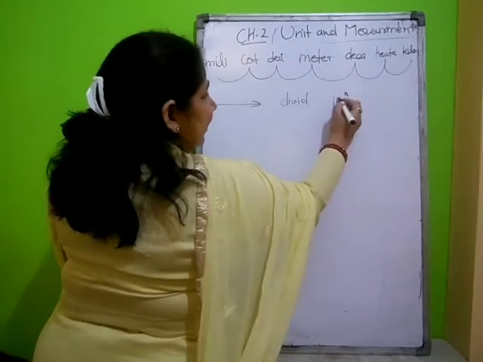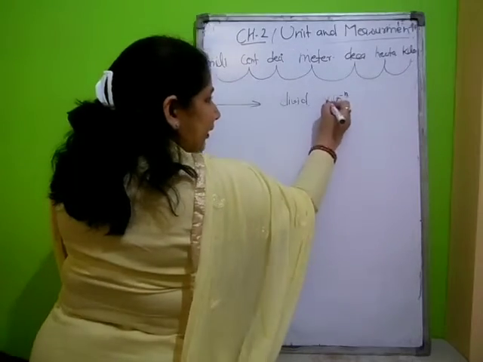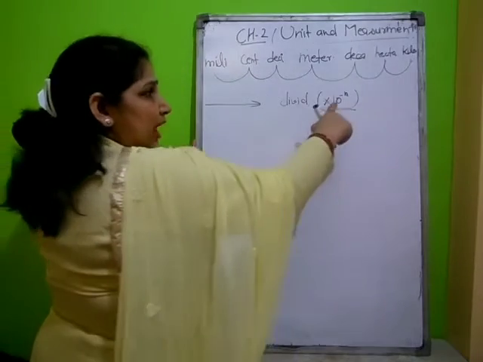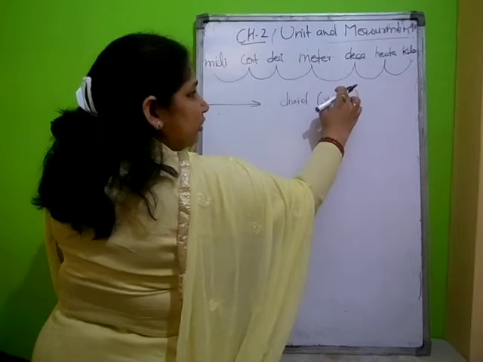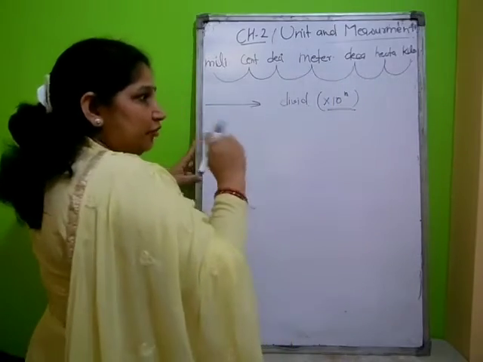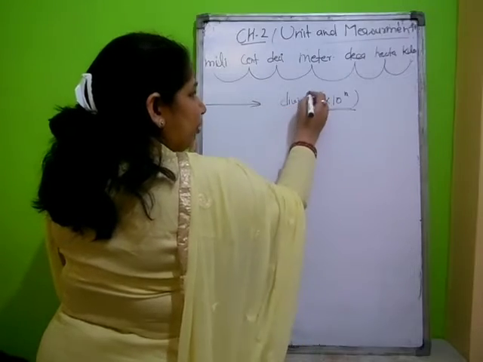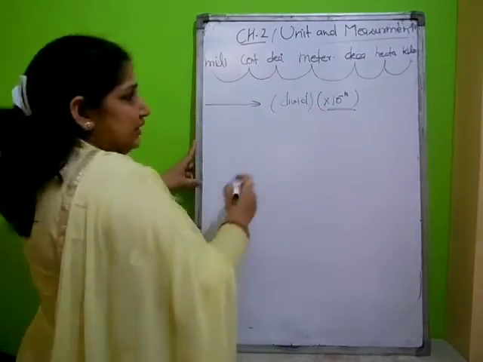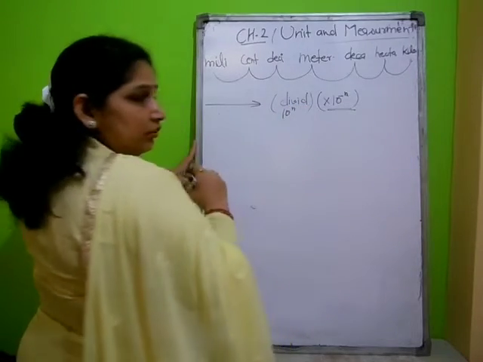Or we can multiply by 10 to the power minus n. If you are dividing, the power will be plus, and if you are not dividing, then multiply by 10 to the power minus n. Got it?